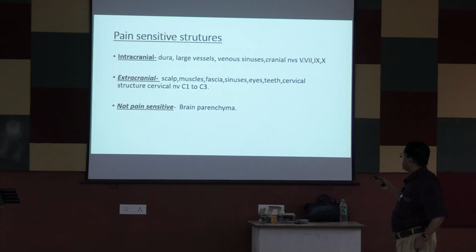And extracranial: scalp, muscle, fossa, sinuses, eyes, teeth, cranial and cervical structures, cervical nerves C1 to C3. But it is very important to note that brain parenchyma is non-sensitive. So an intracranial tumor in the parenchyma will be non-sensitive to pain unless it involves the vessels or the overlying dura mater.